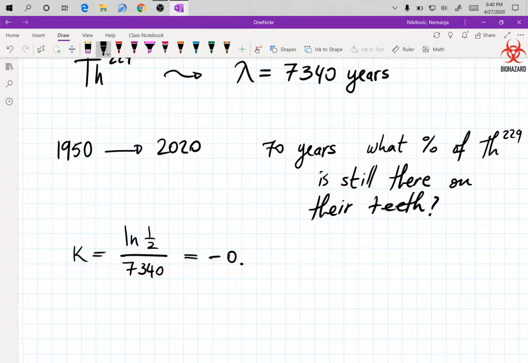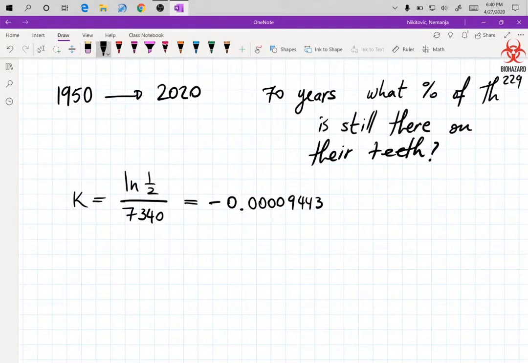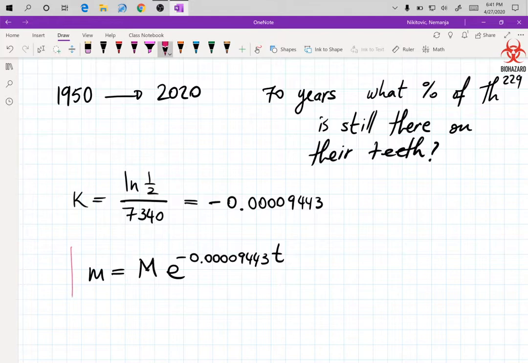Now you will go into ln of 0.5 divided by 7,340. And we will get times 10 to the negative 5. So 4 zeros here, and then 9443. There we go. Now that I have k, I have my model for thorium, which is the toothpaste in this case. There we go. So this is the model.